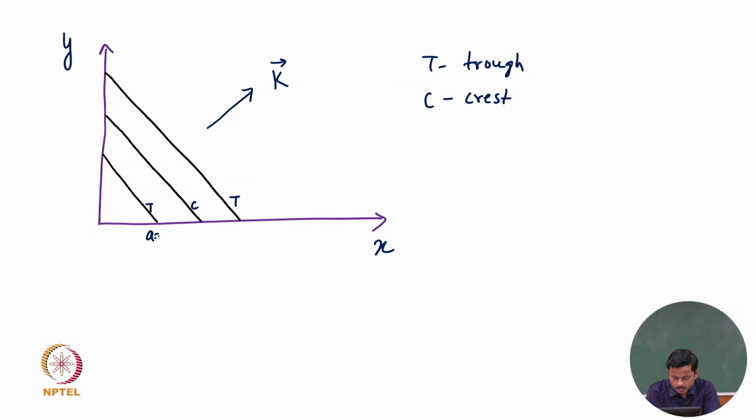So the absolute values of the amplitudes are maximum. In trough it's minus a, in crest it's plus a, in trough it's minus a, and there are intermediate positions where the amplitudes are 0.